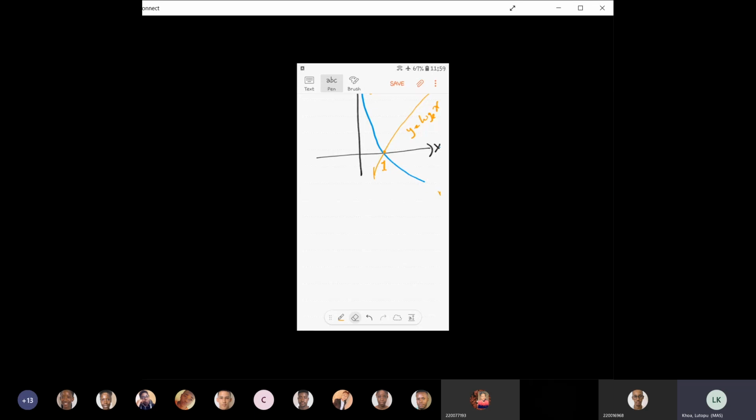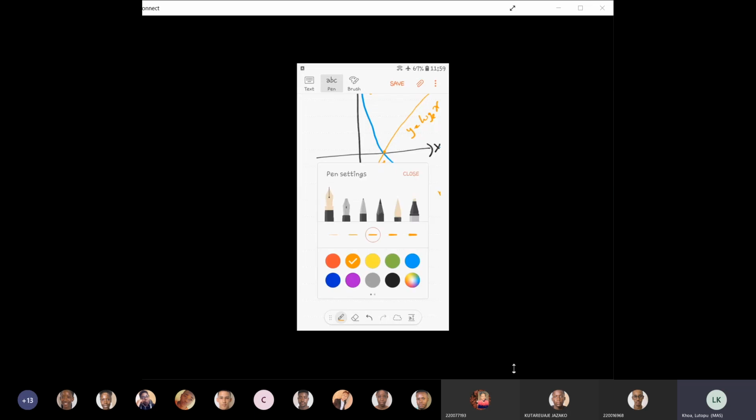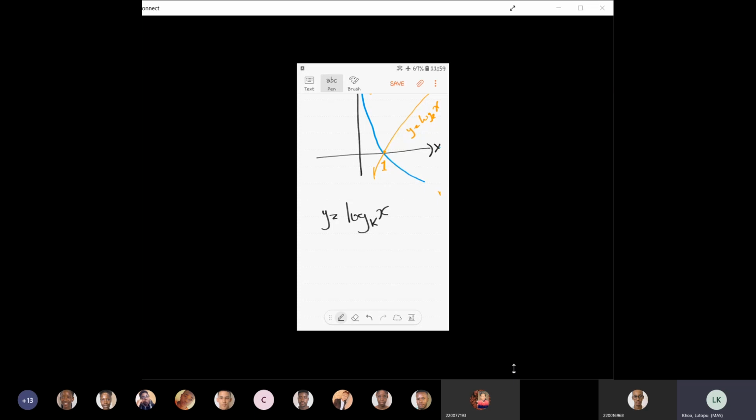And then question 4, you are given y is equal to log base k of x. Now we have to determine k if the graph passes through a specific point.